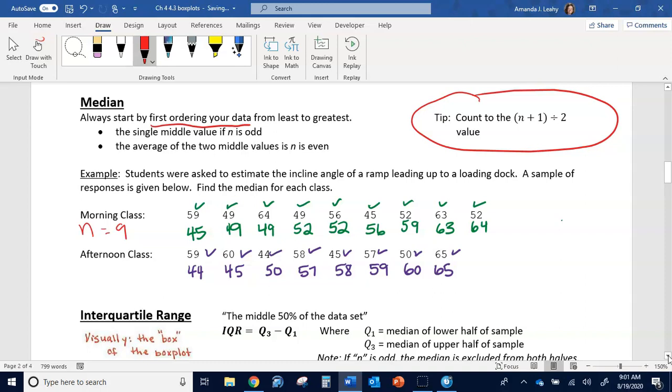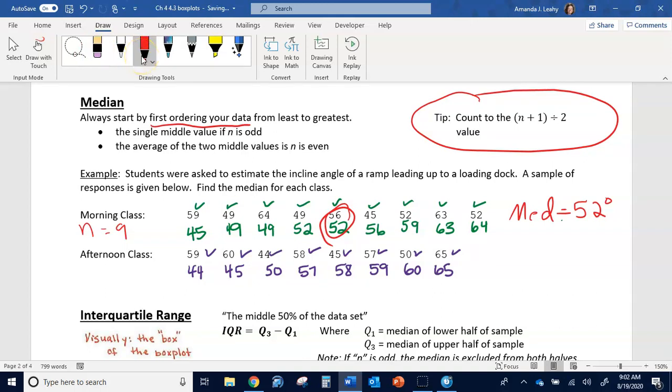So 9 plus 1 is 10. 10 divided by 2 is 5. 1, 2, 3, 4, 5. My fifth number here is 52. Notice that gives me 4 numbers below it and 4 numbers above it. So median equals 52, and these are incline angles of ramps, which means we're probably not in degrees Fahrenheit, that would be weird, but just in regular degrees.